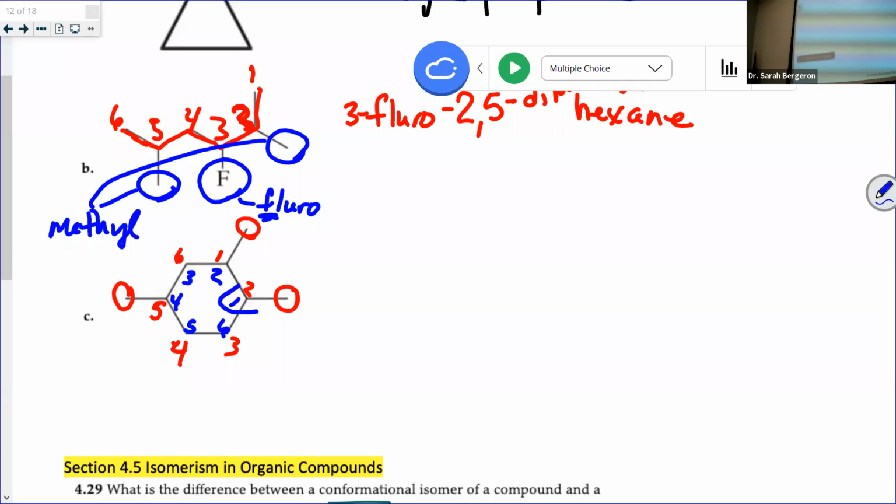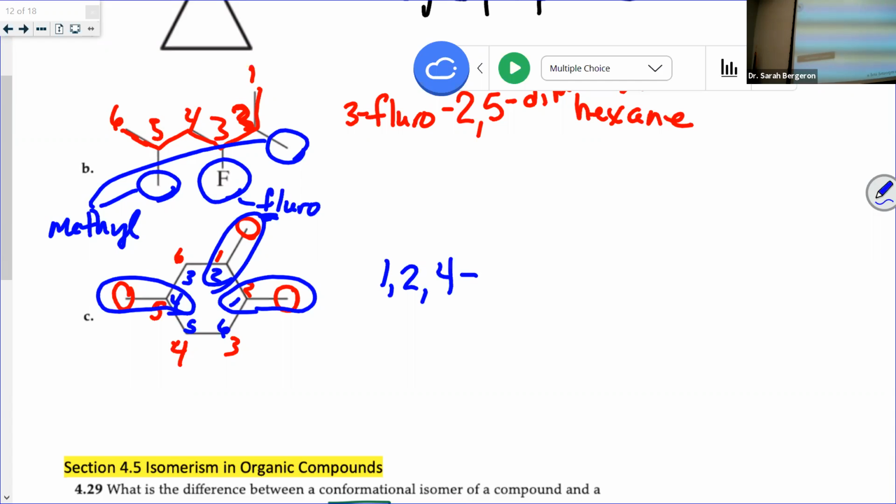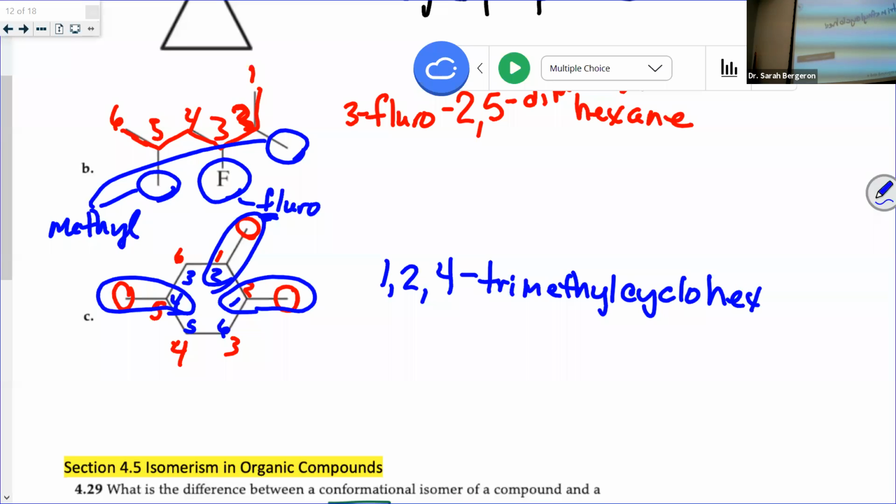So that means I have a methyl at 1, a methyl at 2, and a methyl at 4. So I'm going to call that 1,2,4-trimethyl. And then what's my parent? It's a ring, so it's cyclo. And then it's still 6, just like the last one, hexane. So 1,2,4-trimethylcyclohexane.